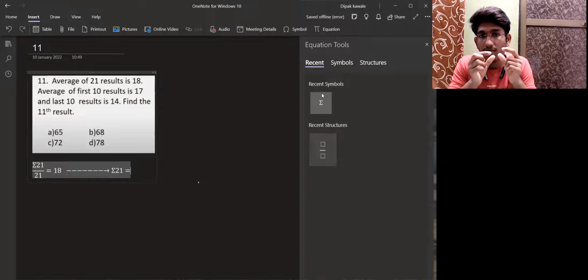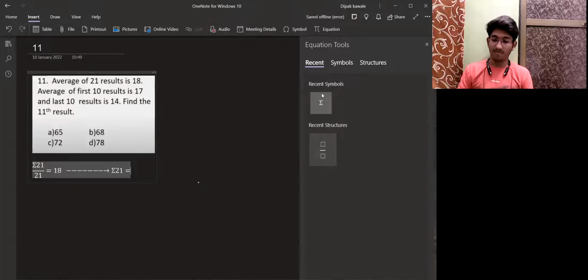We can't do this directly, but we can do 18 into 20. 18 twos are 36, and 18 multiplied by 20 is 360.